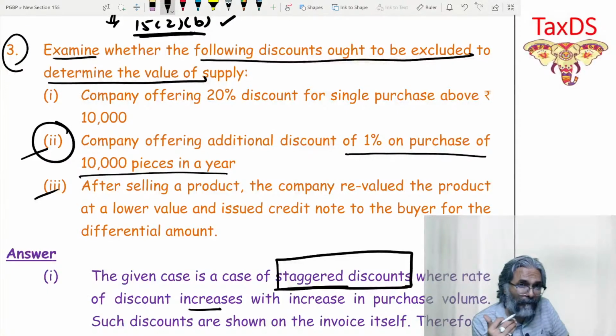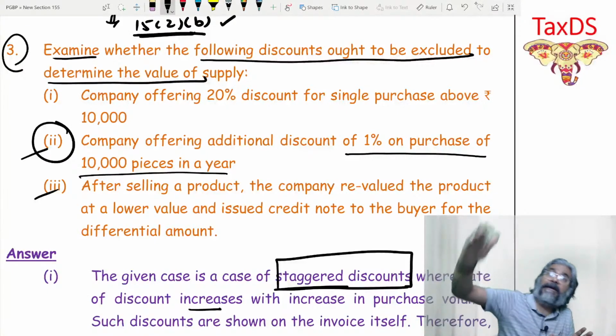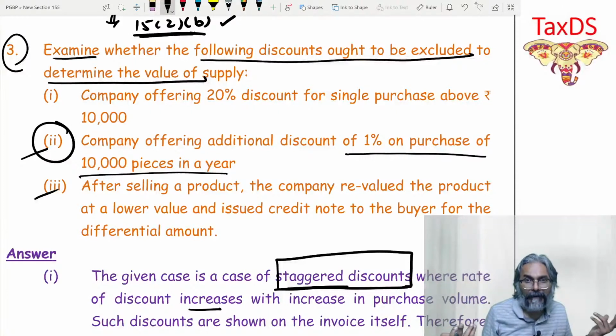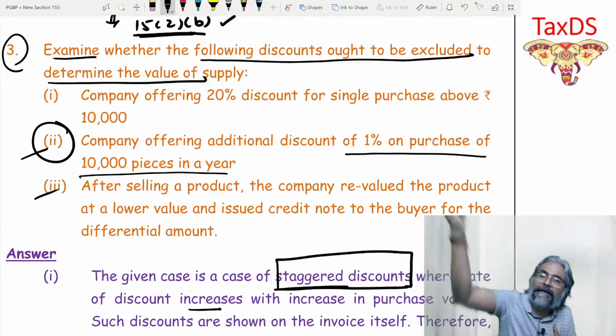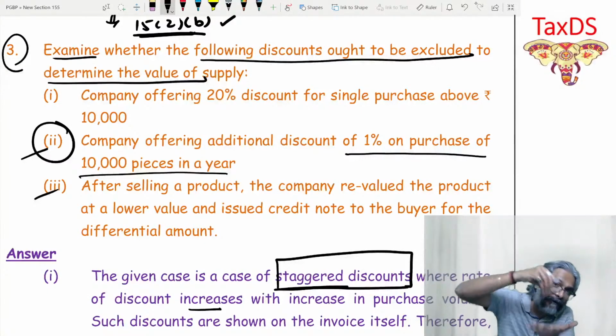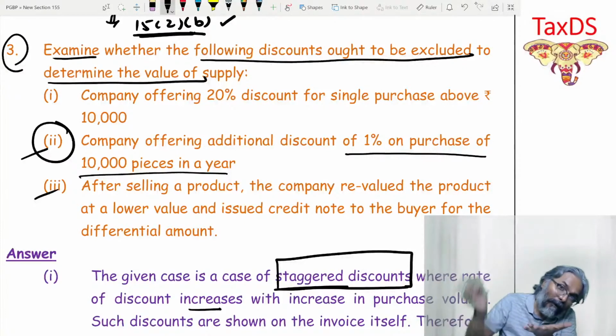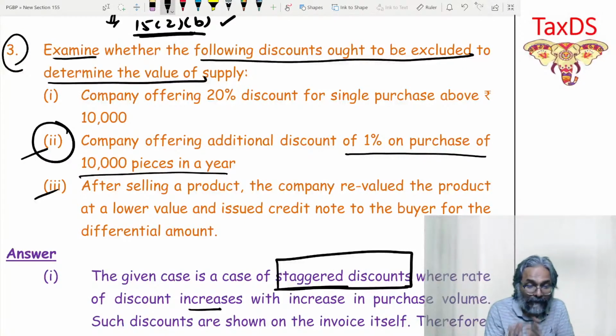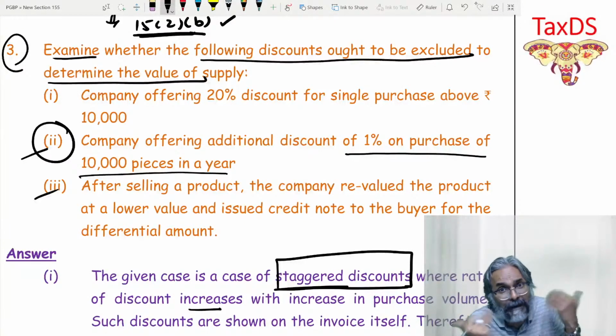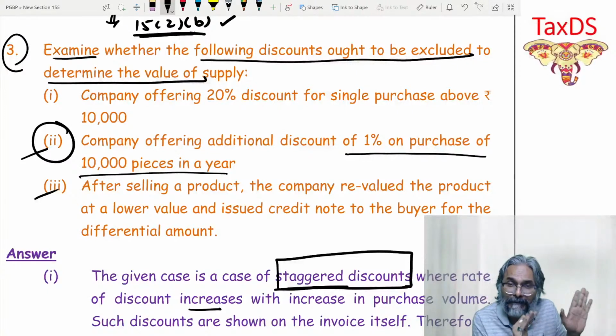I may not know. This additional discount may be given later on. Who knows about it in this case? So I may not be aware whether this additional discount of 1%, which is given later on, was already established at the time of supply. So this needs to be clarified in my answer through an assumption.